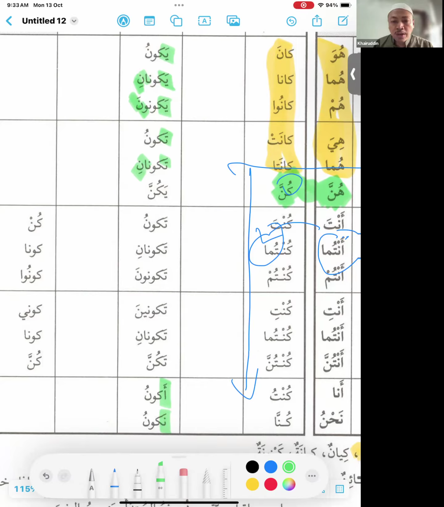And then at hunna, remember we said that actually you don't build on from here. Unlike this, where you just built on from here, what has happened here is they have taken the hum form and they have morphed it into yakunna.